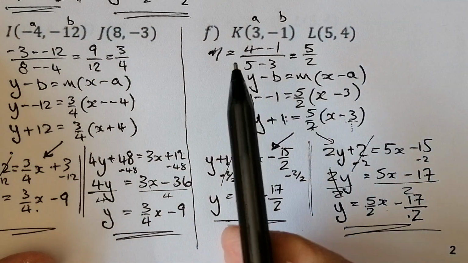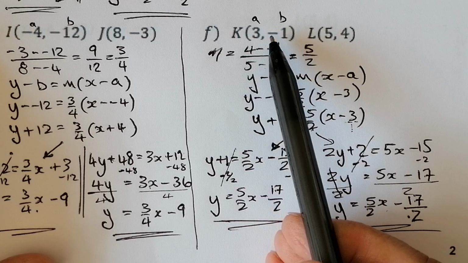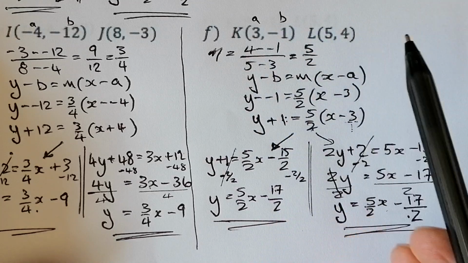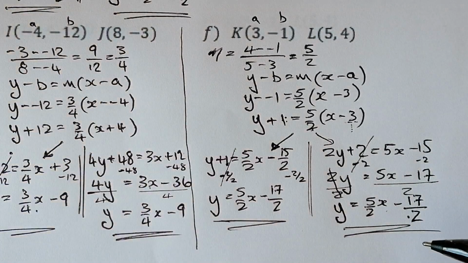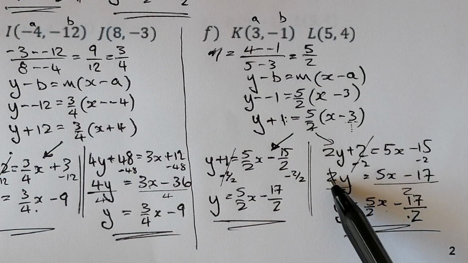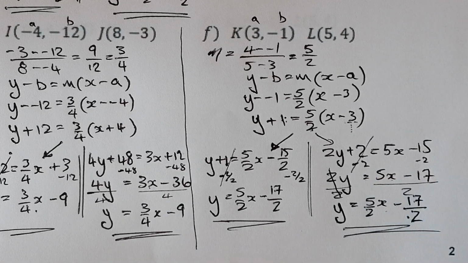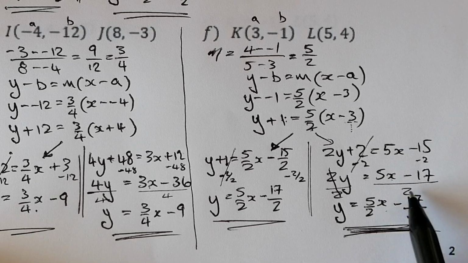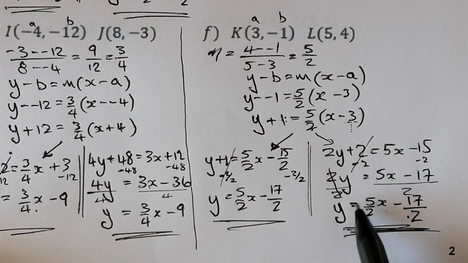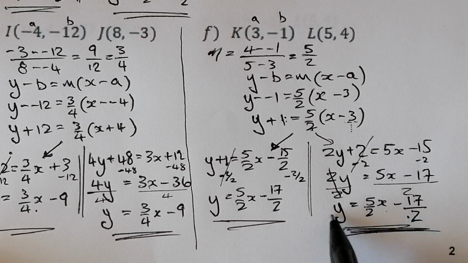So the straight line that goes through the points 3, minus 1 and 5, 4 will be the equation y is equal to 5 upon 2x minus 17 upon 2, or you could say it would be 2y is equal to 5x minus 17. Both of these are the correct answer. But often at National 5, we're looking to try and find out what the y-intercept is, what the gradient is, and we can pick it off as long as we've got 1y is equal to.